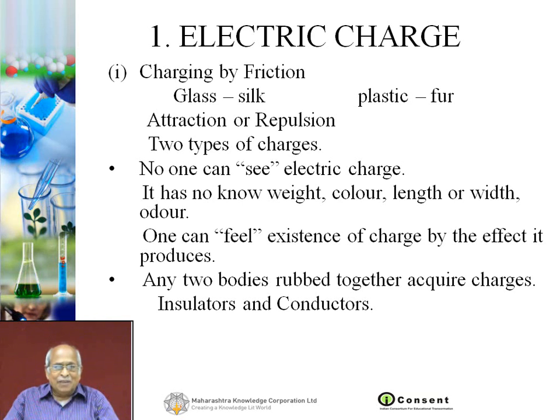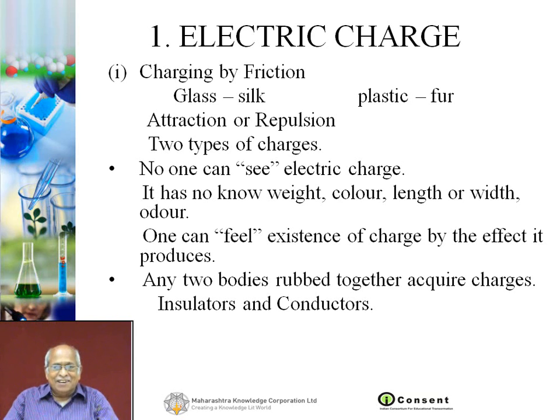So in this way, charge on any body is either similar to charge on glass rod or similar to charge on ebonite rod. This shows that there are two types of charges and only two types. There cannot be any third type. Each charge is either similar to charge on glass rod or similar to charge on plastic rod. So it was well established that there are two types of charges having opposite properties.